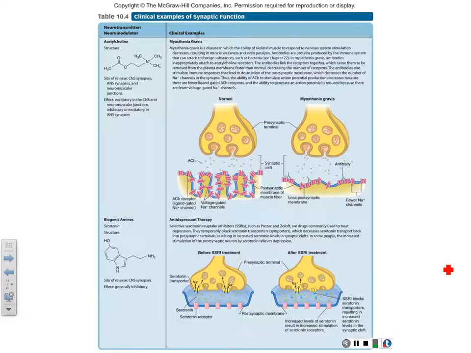Lupus is another immunological condition where you're attacking your own cells, but it's different from this one. This one affects the way neurons control muscles. It's myasthenia gravis.